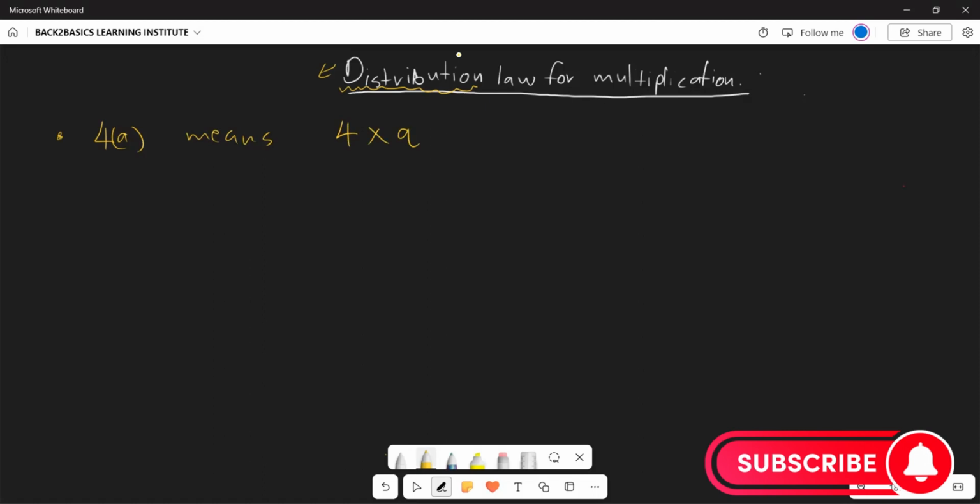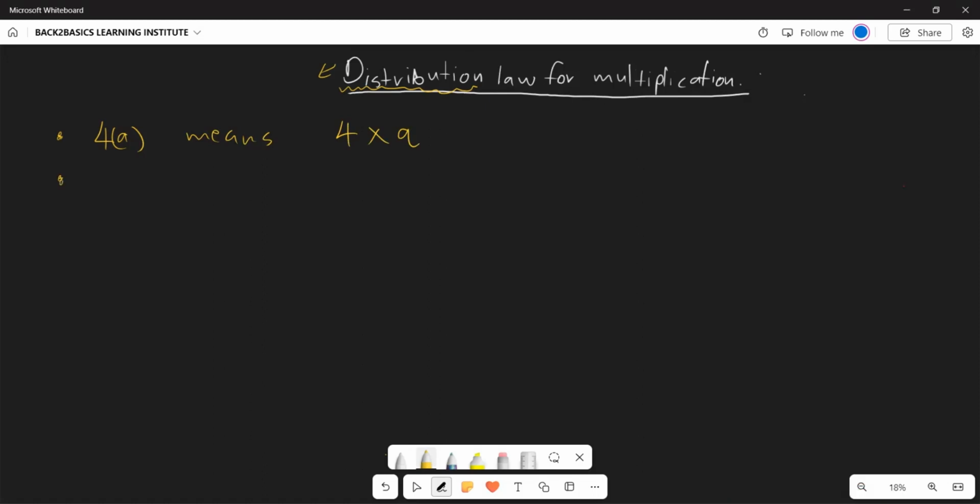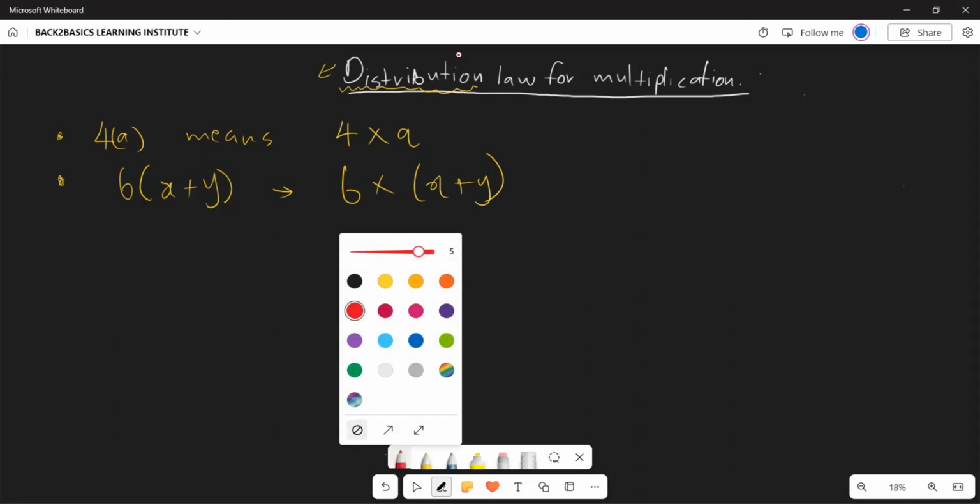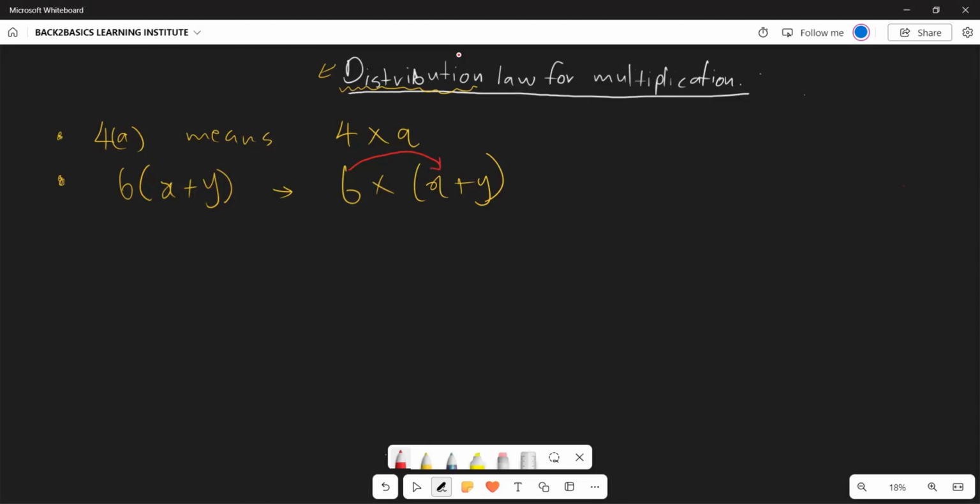And if you have 6 into x plus y, this simply means 6 multiplied by x plus y. To simplify further, this 6 is multiplied here, and this 6 is also multiplied here, which means everything is going to be multiplied by it.